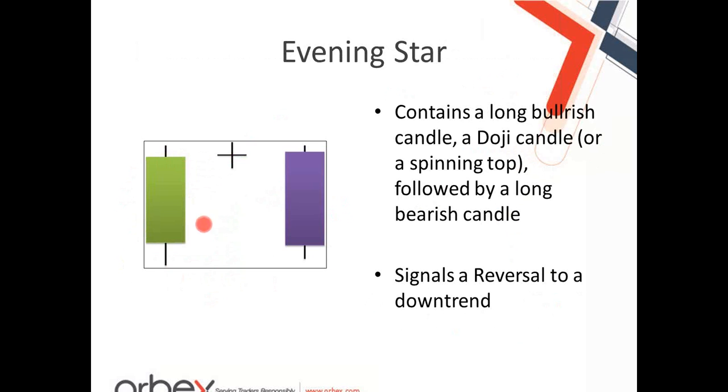You have a strong bullish candle followed by an indecisive doji or a spinning top, or anything that shows you indecisiveness in the market, followed by a strong bearish candlestick that signals the bears have won the battle, and the market is going to reverse. And we could expect the downtrend to come next. Okay?